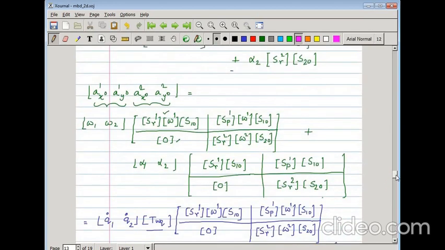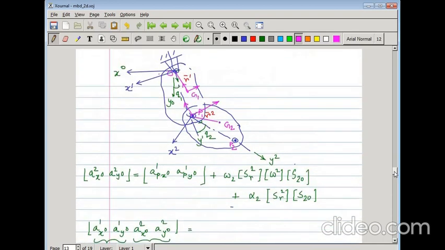When you multiply omega 1 with this, you get the normal component of P1, and when you multiply alpha 1 with this, you get the tangential acceleration of P for body 1 or P1.